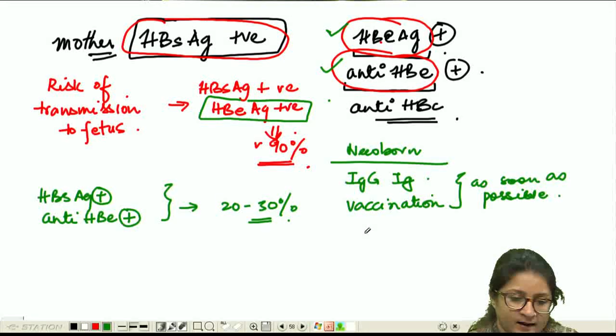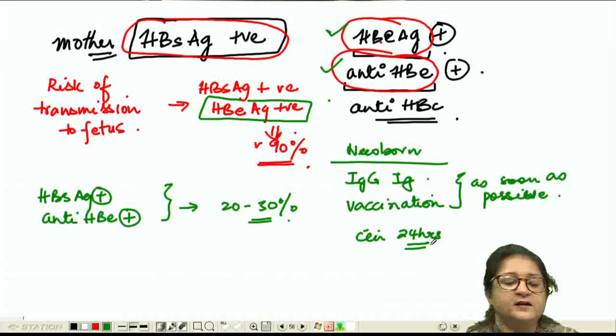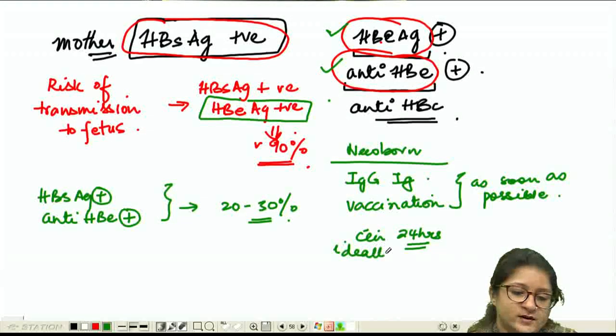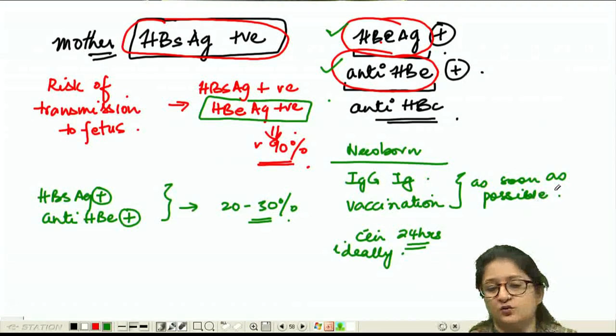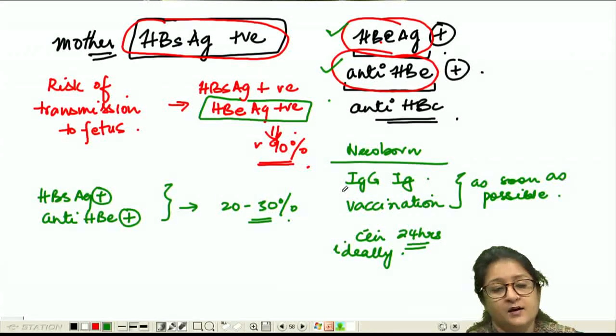They should be given at least within 24 hours, ideally within 24 hours, as soon as possible. That is one precaution that has to be taken. This is the only thing that we can do for such women.